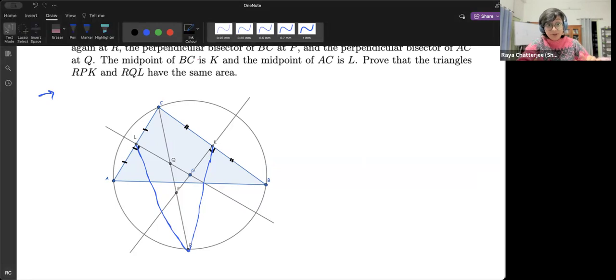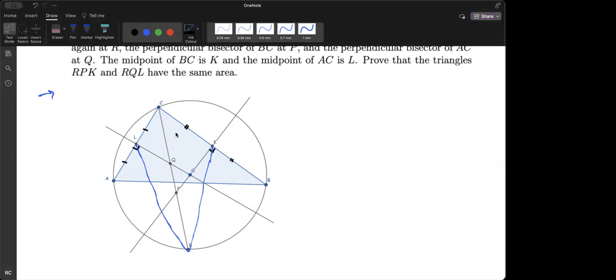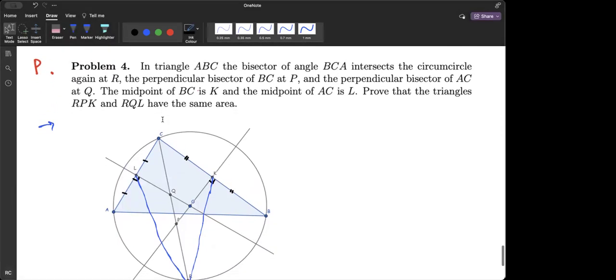Do you guys need hints or more time to try? Could you slightly scroll up to complete the problem statement? Yeah, there.